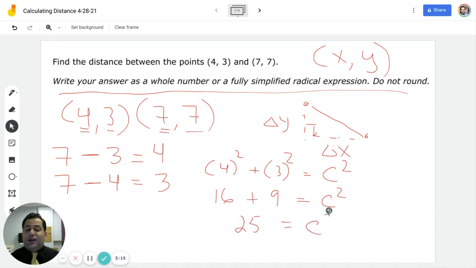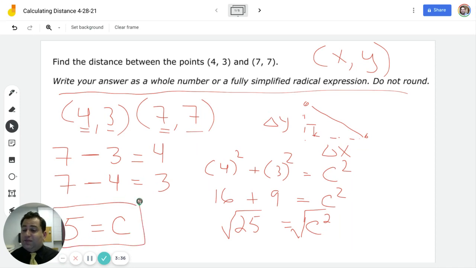And now remember, in order to reverse a square, we have to use a square root. And I think that's where people are getting tripped up. So the square root of 25 is 5, and the square root of c squared is c. So the distance between these 2 points is 5.